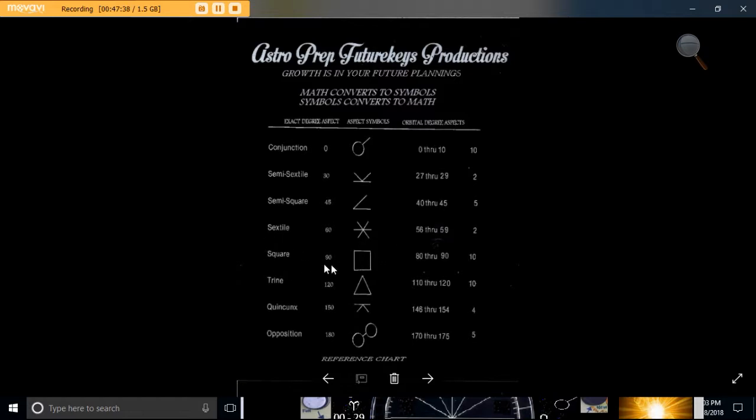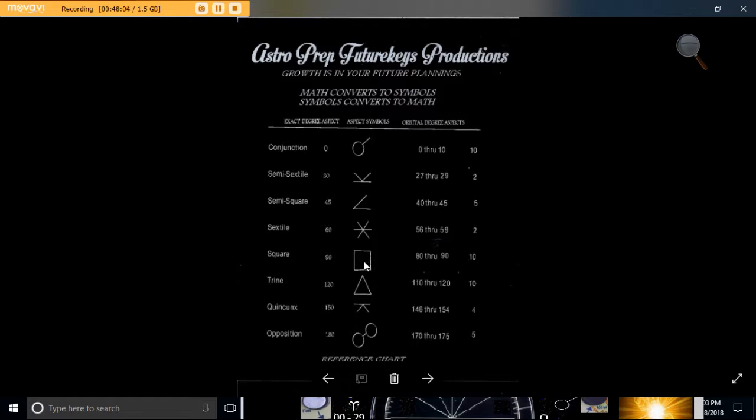The square equals 90 degrees. So you'll go from anywhere from 80 through 90 with a 10 degree orbital vibrational frequency that registers the square aspect. Okay, that says that we're still in aspect to that 90 degree, and that square is still in effect.